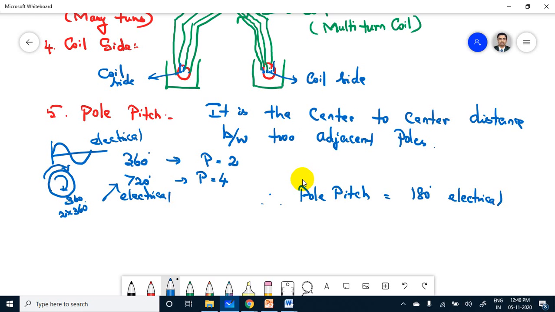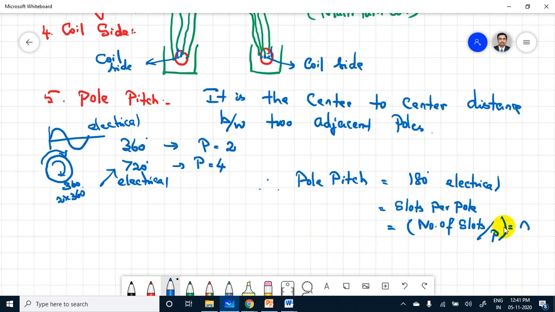As well as, by another name, pole pitch equal to slots per pole, which is known as the number of slots divided by poles, which is equal to n.